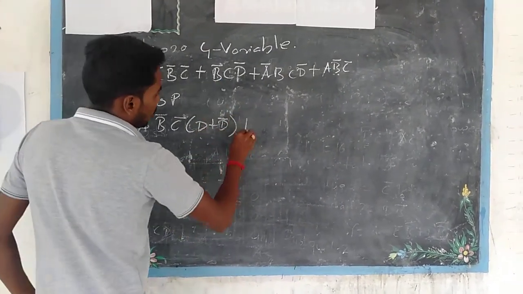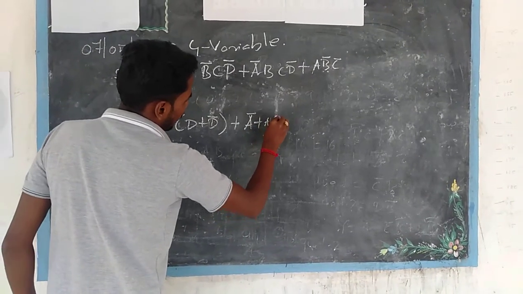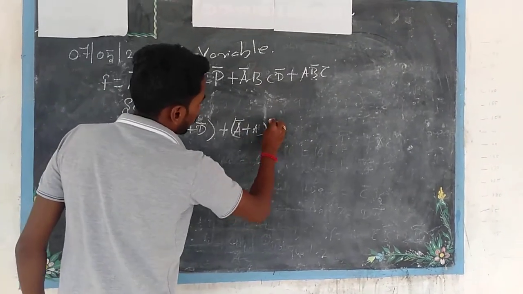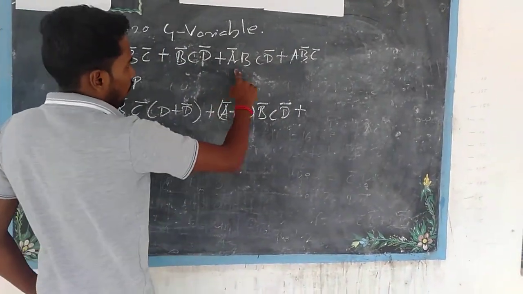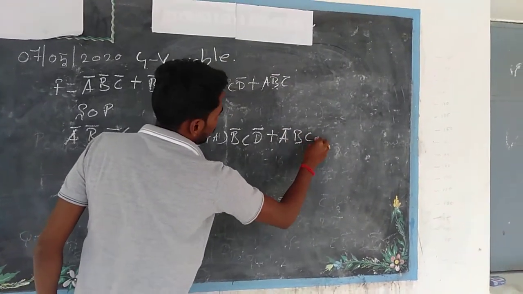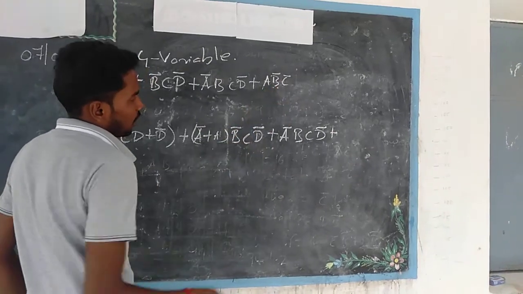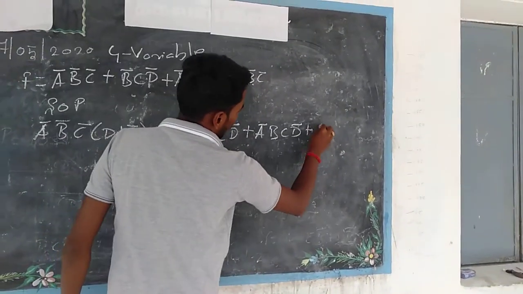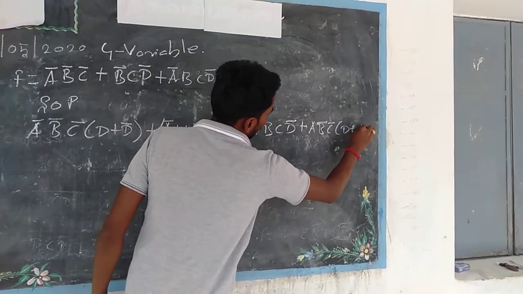In the next term, the missing term is A bar plus A: B bar, C, D bar. In this term all terms are given: A bar, B, C, D bar. In the last term, D is missing: A, B bar, C bar, B plus D bar.